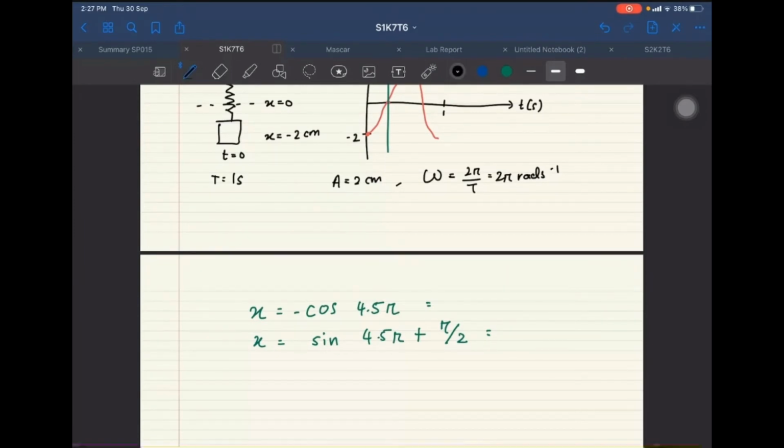Maksud saya negative cos 4.5 pi tadi, berapa kamu dapat? 0. Zero. Okay, tukarlah tak nak 0. Okay, change this one to 4.8. Okay, this one shouldn't be 0. Okay, yang bawah ni pun saya tukar pada 4.8. Kalau 0 tak nampak pula sama ke beza. Okay, dapat 0.81. Positif ke negatif? Positif.